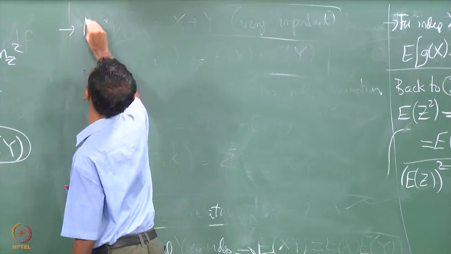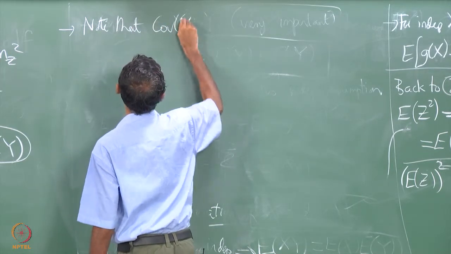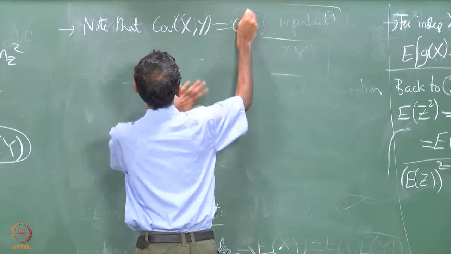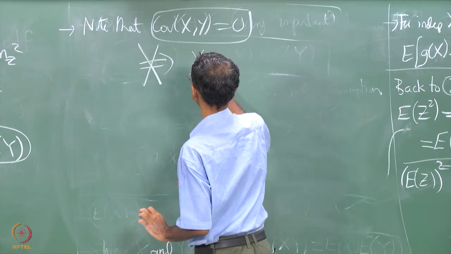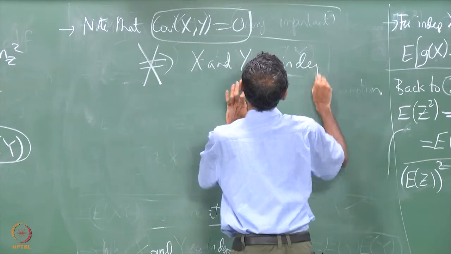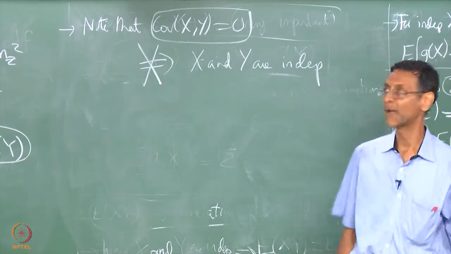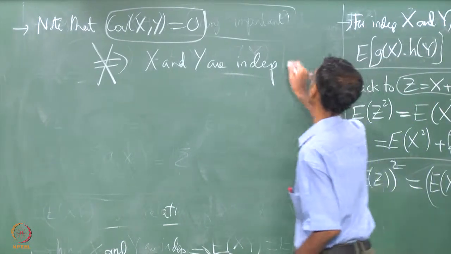So this in general does not imply that x and y are independent. Covariance xy can be 0 without x and y being independent in general.